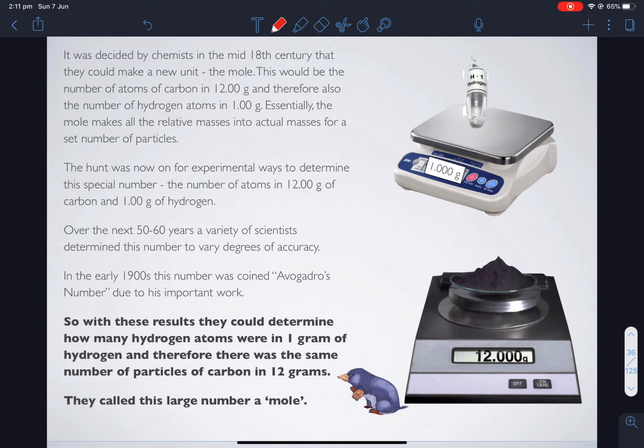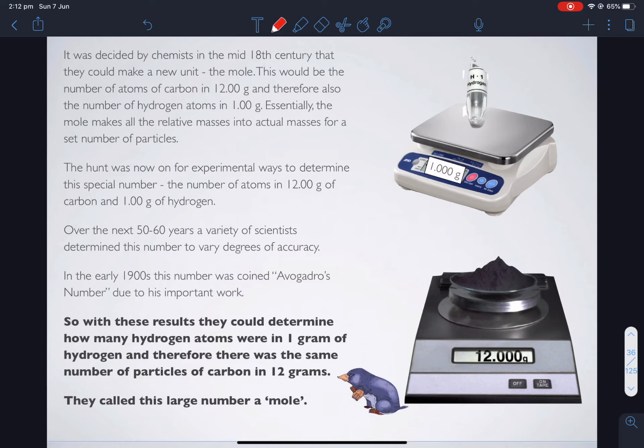Okay, so the chemists were now hunting for this number, and it took over 50 to 60 years and a variety of scientists. But finally, in the early 1900s, this number was very accurately determined, and they named it after Amadeo Avogadro. So it's called Avogadro's number, sometimes Avogadro's constant. They called this amount the mole.